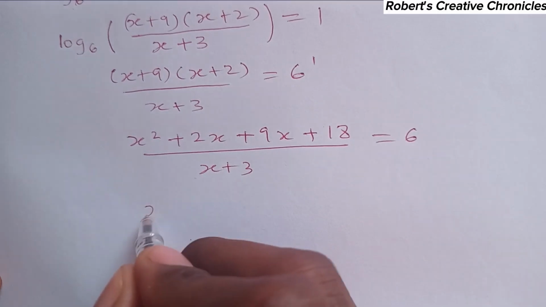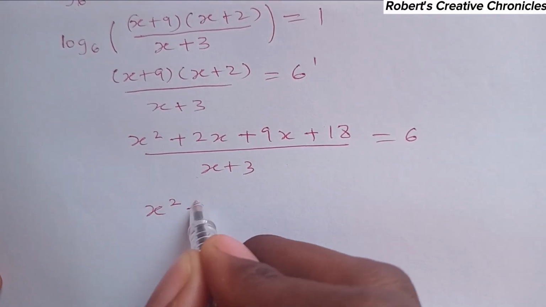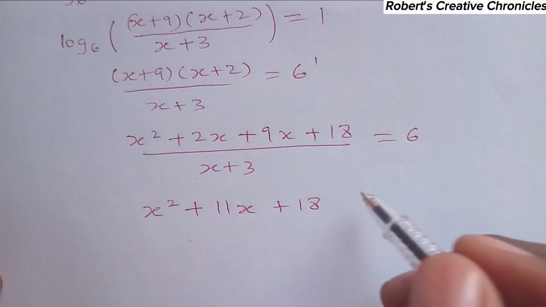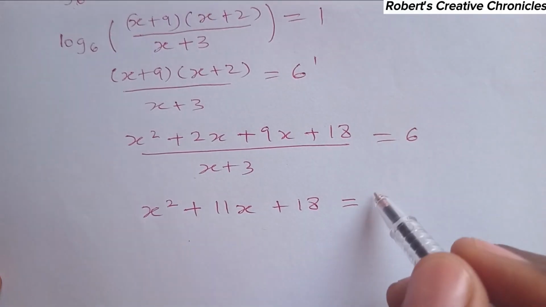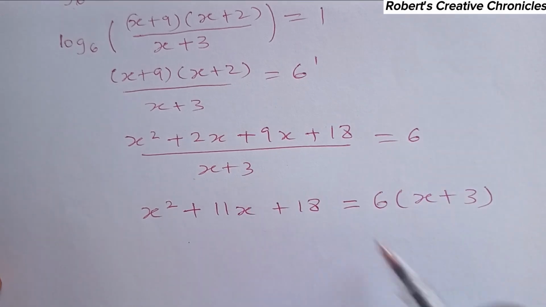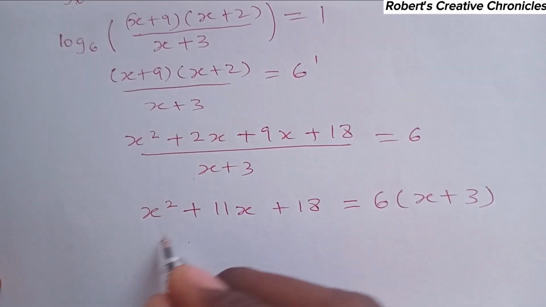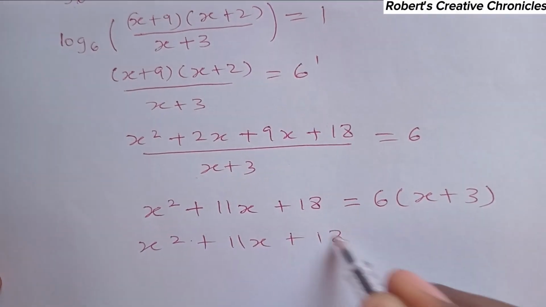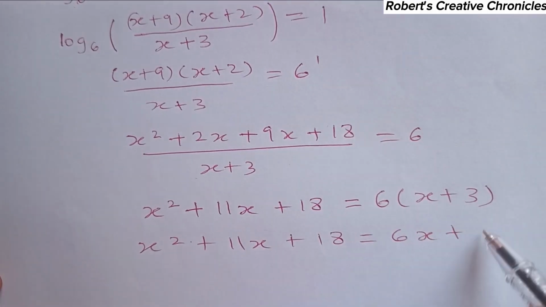Now this becomes x squared plus 11x plus 18 equals 6 times x plus 3. We cross multiply, so this becomes x squared plus 11x plus 18 equals 6x plus 18.